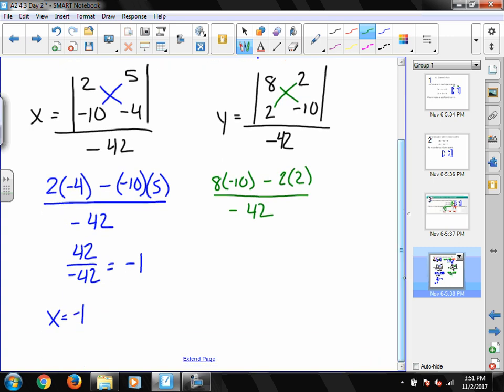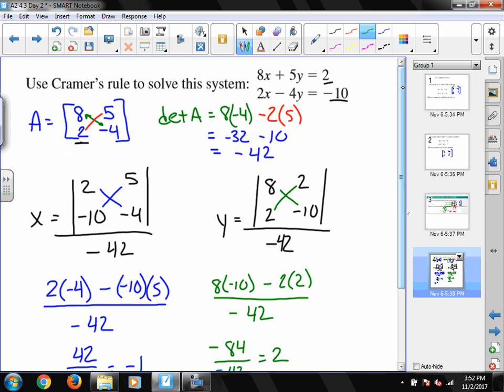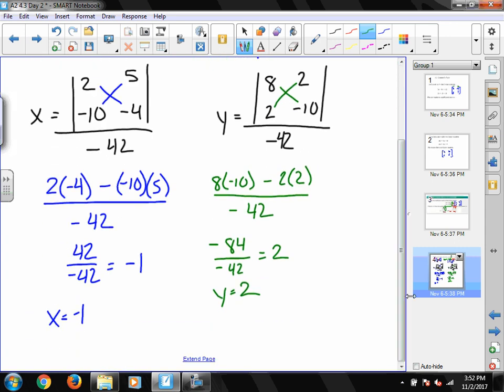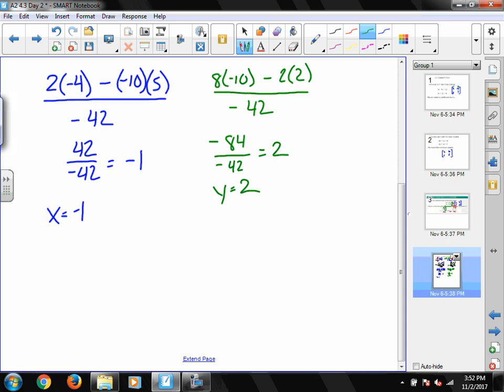Simplify that numerator. I get negative 84 over negative 42, which is just a positive 2. So y is 2. Since we're solving systems of equations, these look just like what we were doing in Chapter 3. Then we're going to write those as an ordered pair. I do want you to pay attention to that. So I'm going to have negative 1, 2, and that's my final answer.